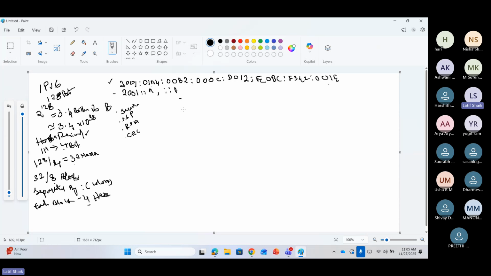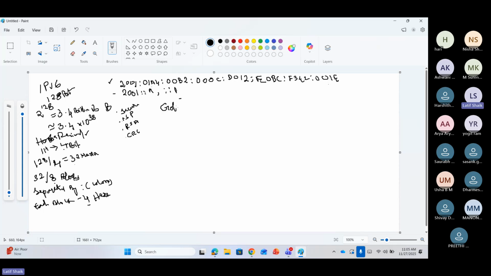But in IPv6, we didn't divide the entire IPv6 into classes. So we specify certain ranges for specific purposes. For example, for public communication, there is a range.